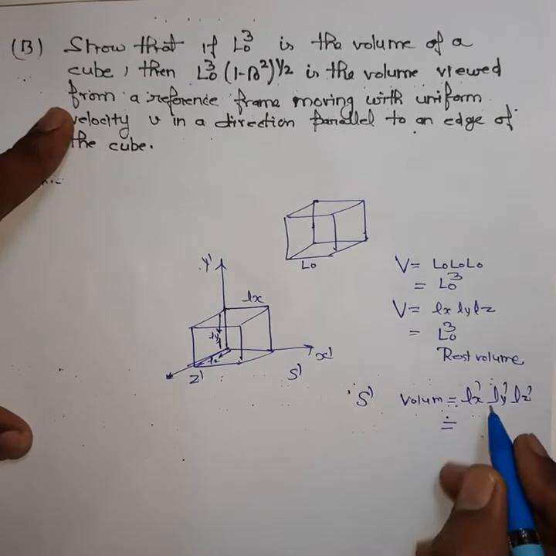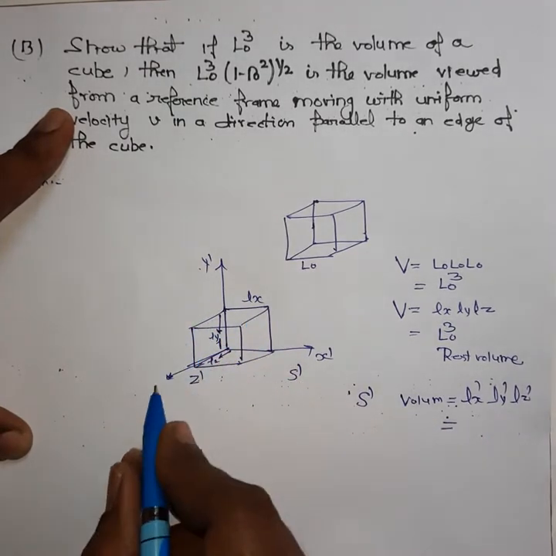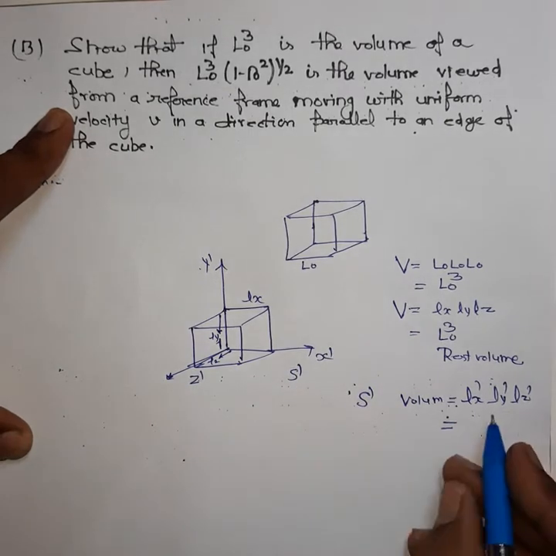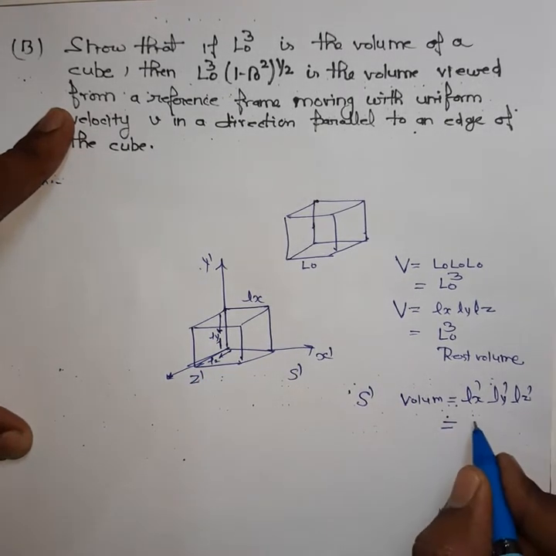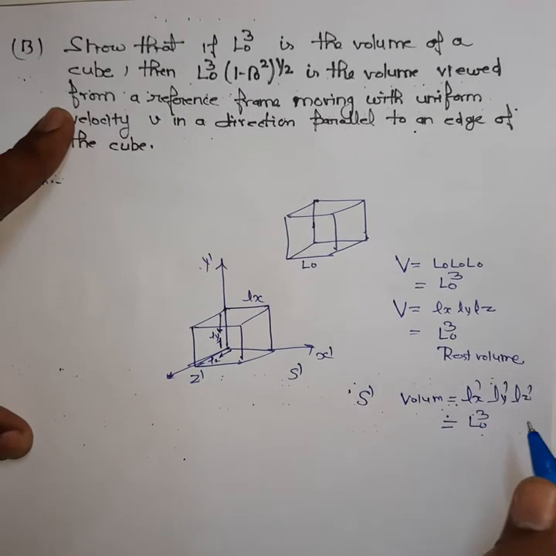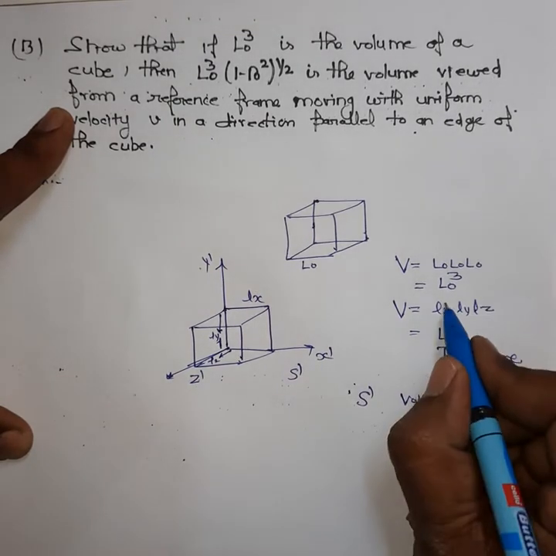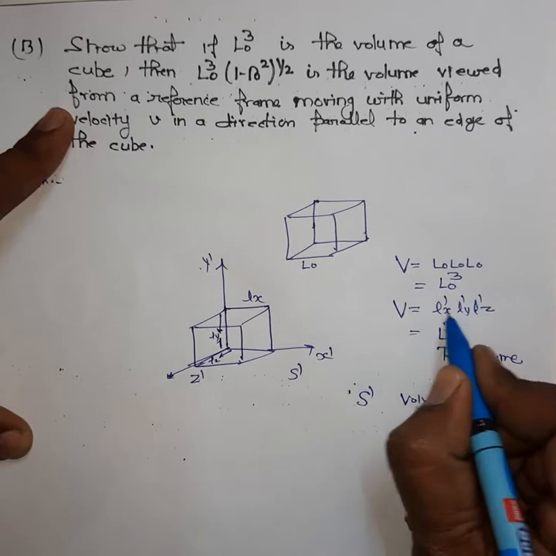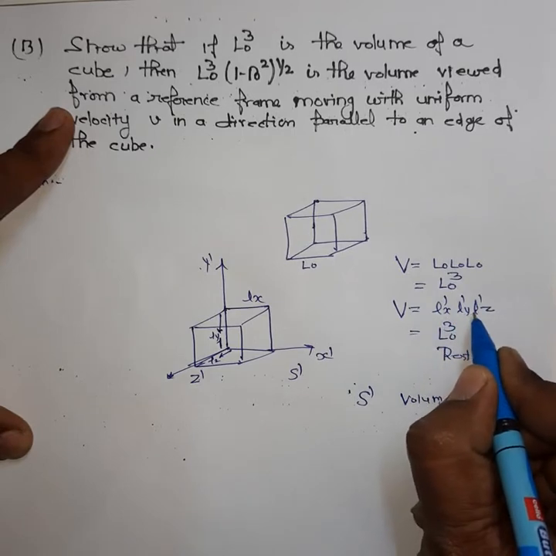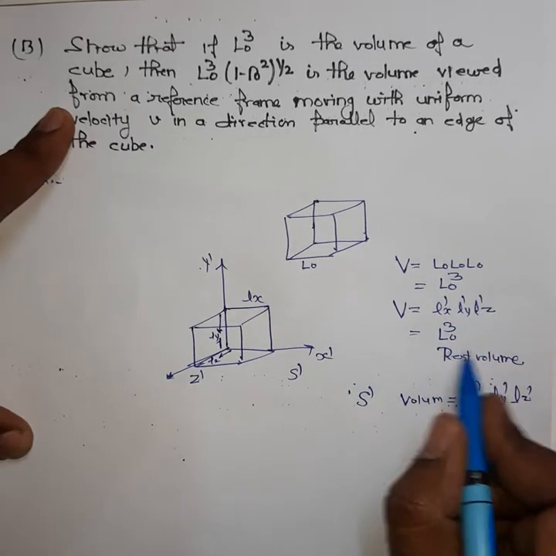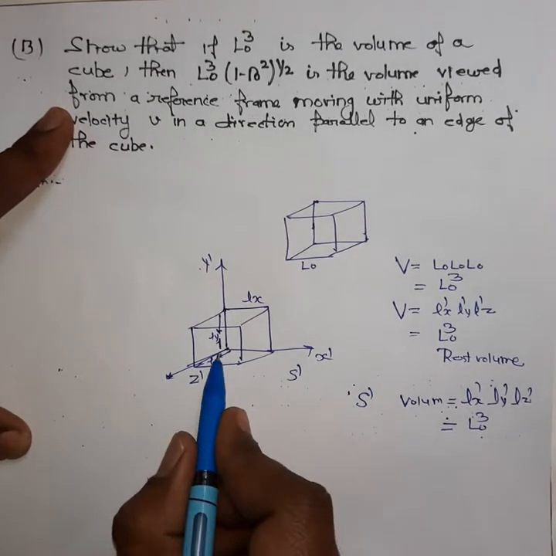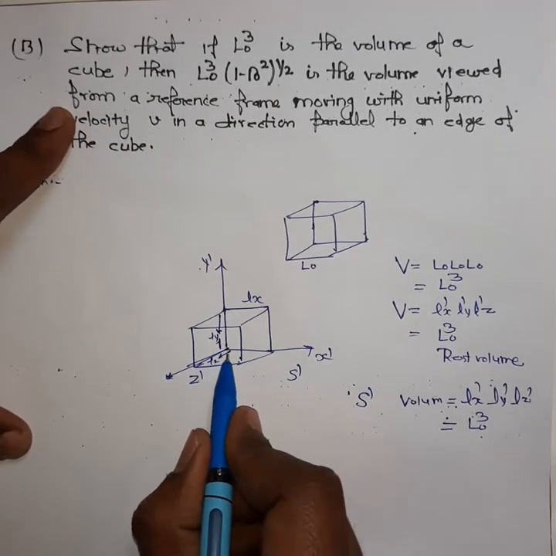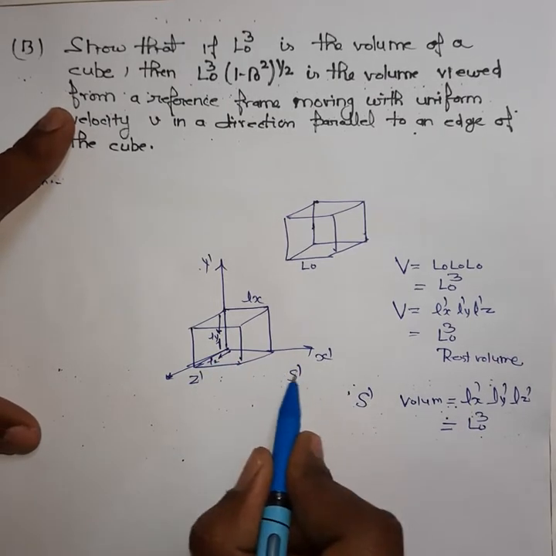Since it is at rest in S dash frame of reference, and the length of one edge is L naught, you can write its volume as L naught cube. So the rest volume is Lx dash multiplied by Ly dash multiplied by Lz dash, that is L naught cube. So this is the volume measured by the observer which is at rest relative to S dash.